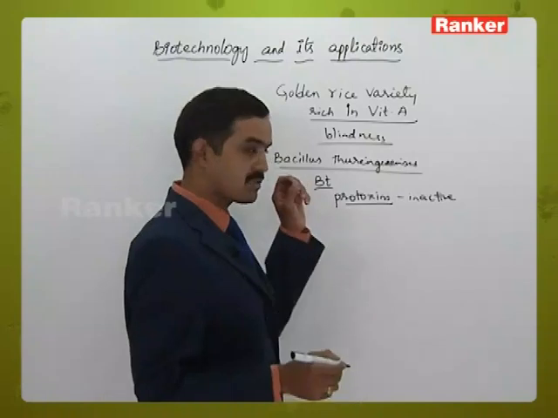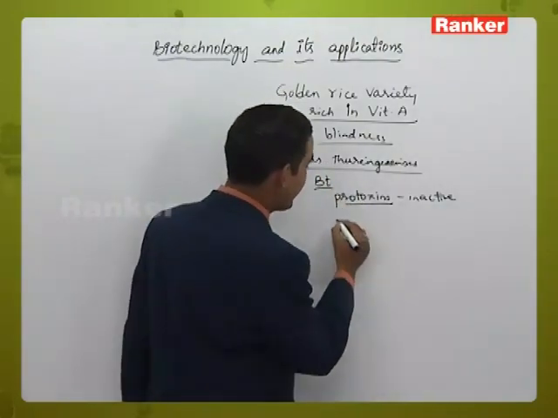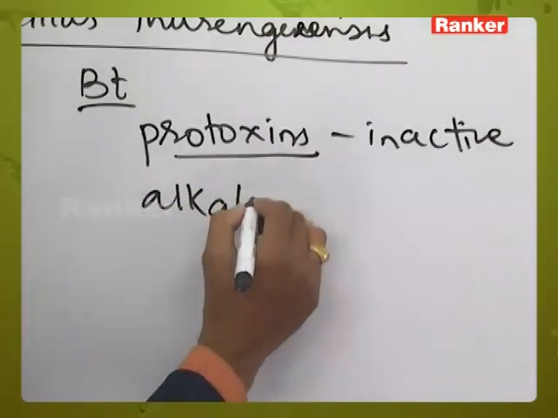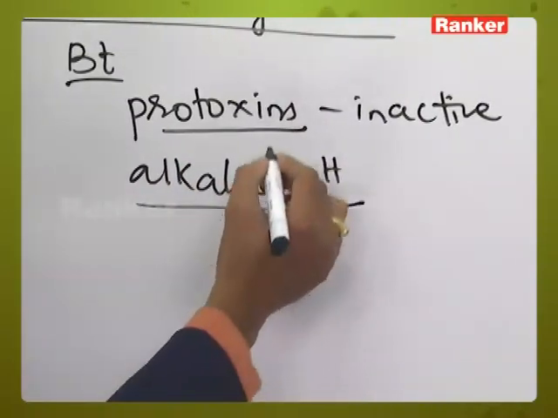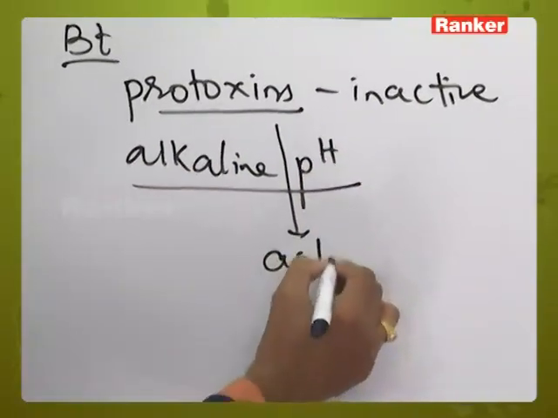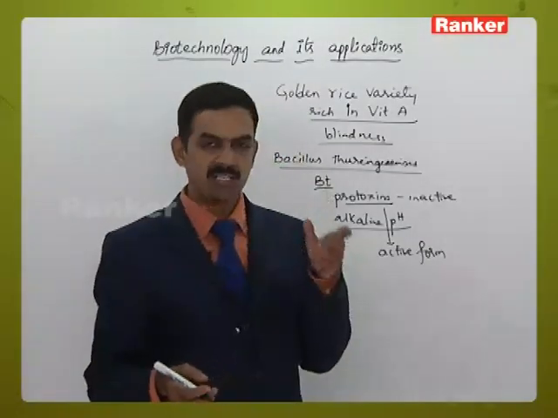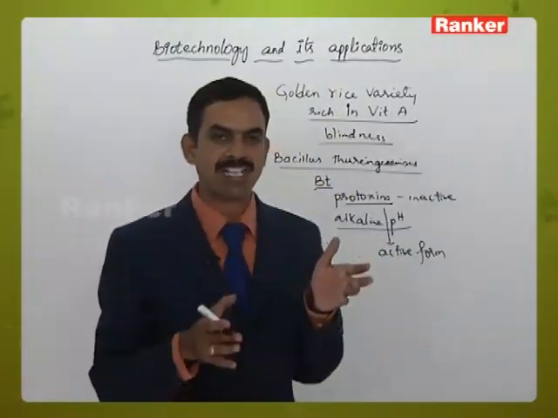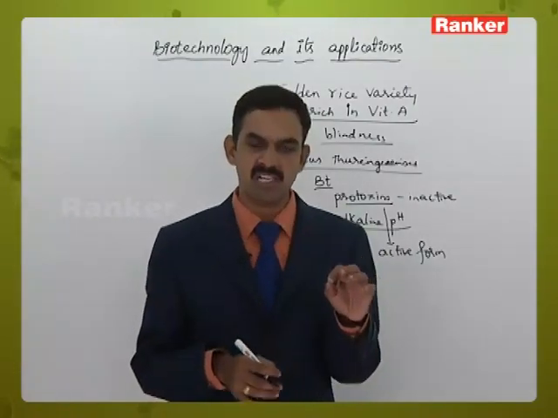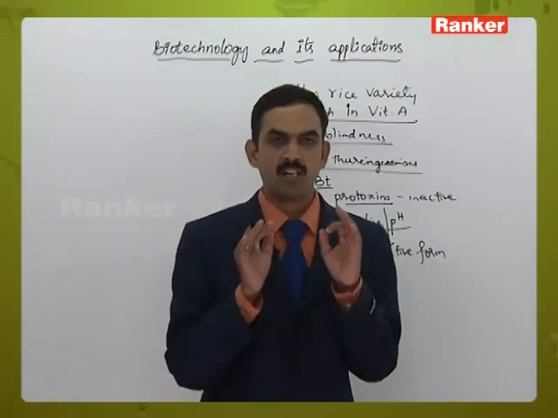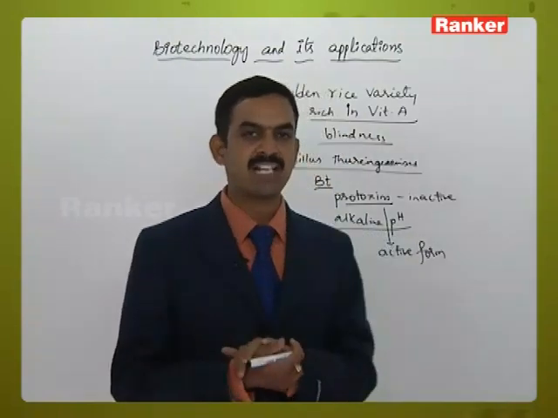When these protoxins enter the gut of the insect, in the midgut, because of the alkaline pH, the protoxins are converted into the active form. Then they start their activity on the epithelial cells of the midgut. Gradually it helps in the formation of perforation, leading to swelling and gradually to the death of the insects.